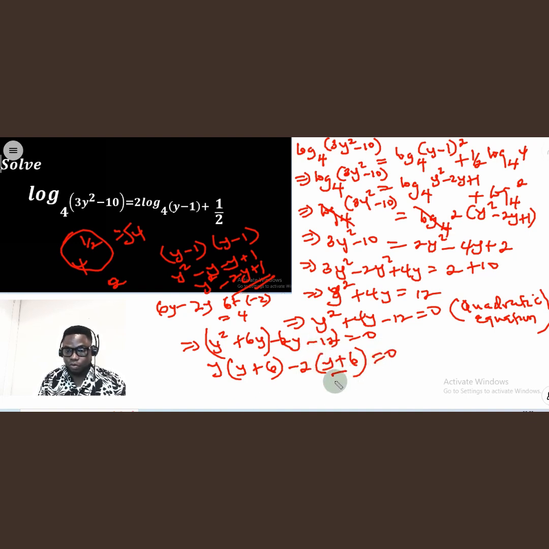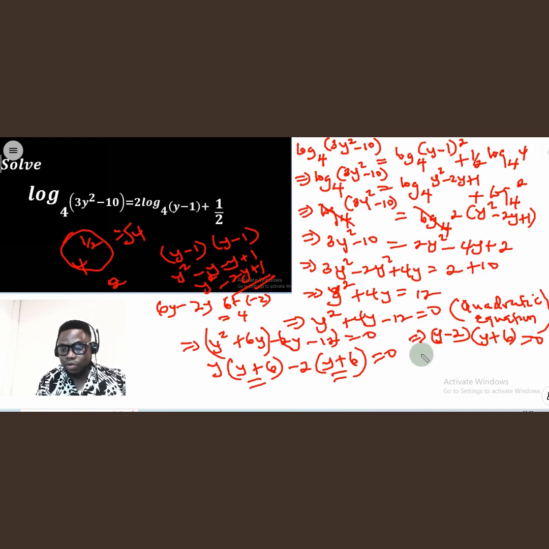So this is common, and this is common. I'm going to pick one, and pick y and minus 2. So this is going to be y minus 2, then y plus 6, all equal to 0. So I'm going to equate y minus 2 to 0, and also equate y plus 6 to 0.